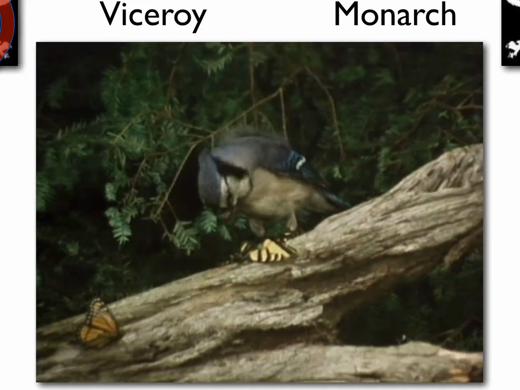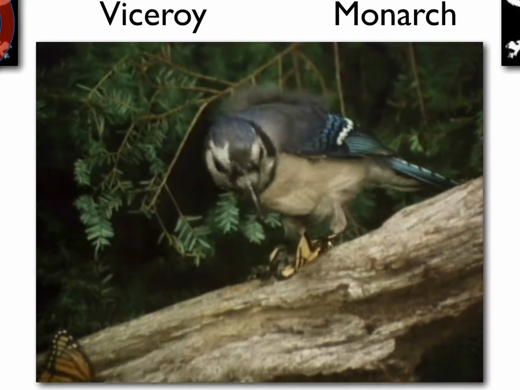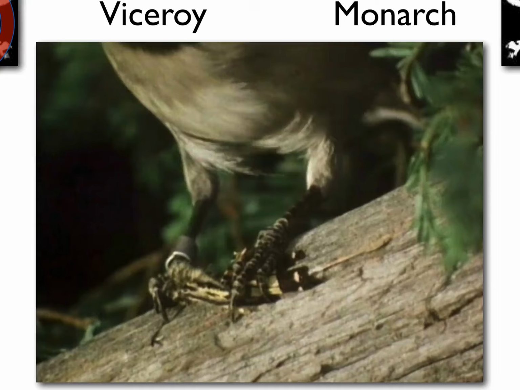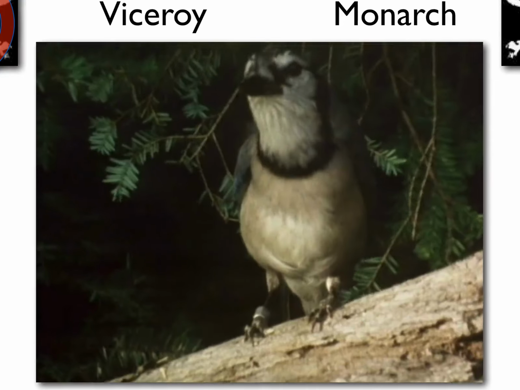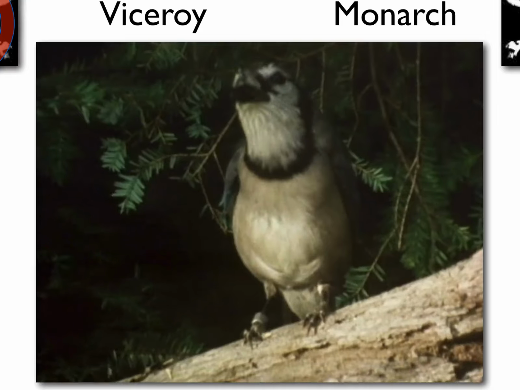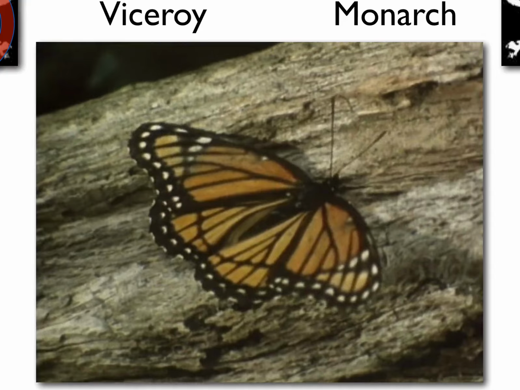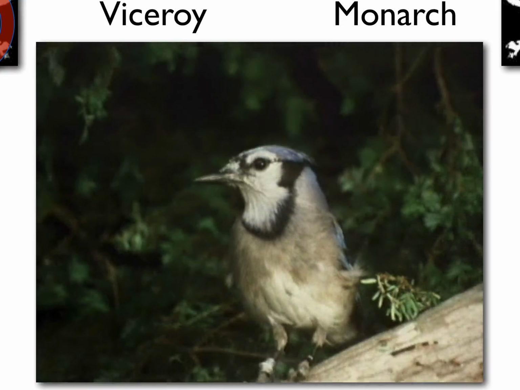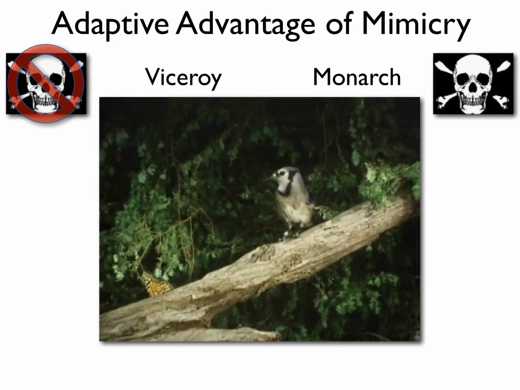He eats the swallowtail, rejecting the viceroy. The jay cannot tell the model from the mimic, so he will now avoid both monarch and viceroy. Because of the predator's capacity to learn, the non-toxic viceroy has survived by trading on the reputation of the monarch. It pays to advertise.